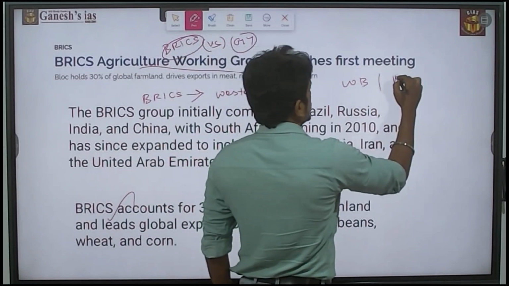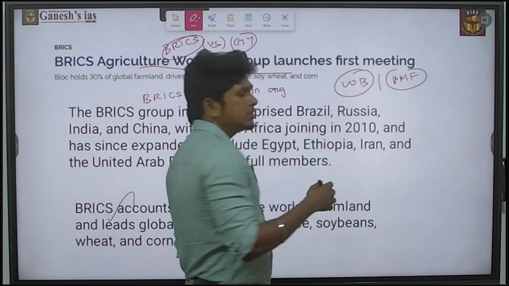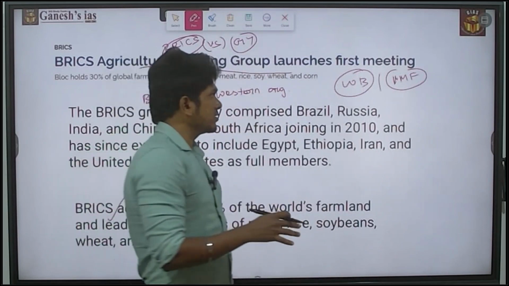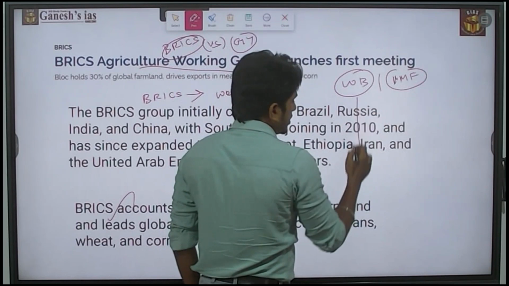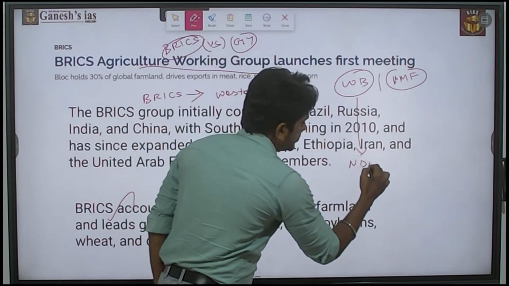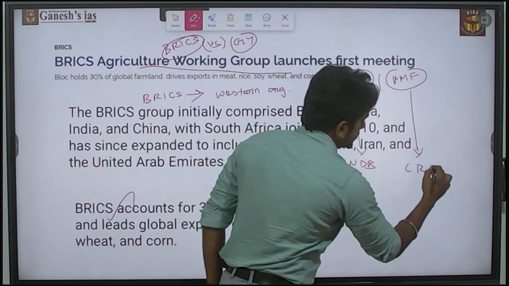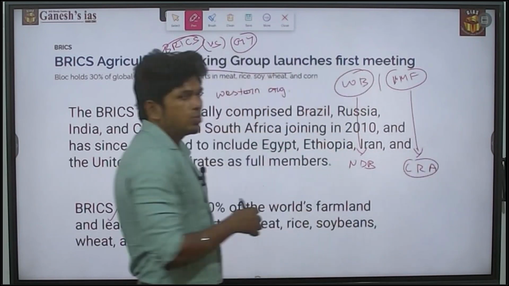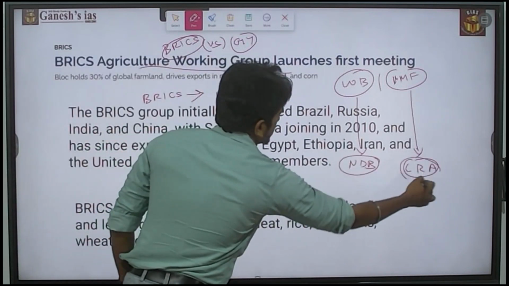And the IMF is again dominated by the US and the European nations. To overcome this, BRICS created, as a mirror image of the World Bank, the New Development Bank. For the IMF, they created the Contingency Reserve Arrangement. So to overcome these things, they created parallel organizations.